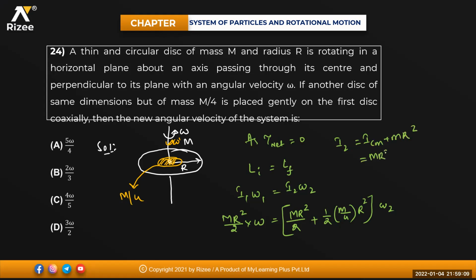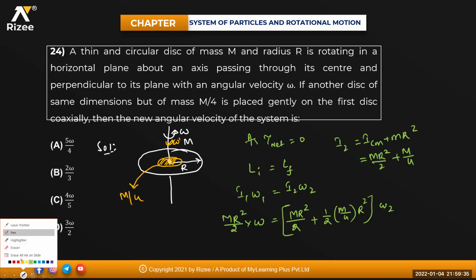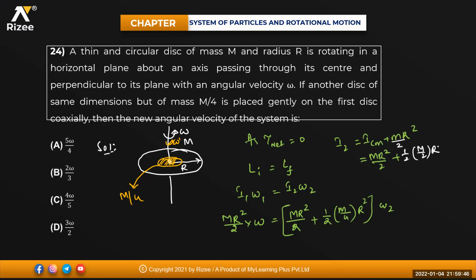I CM is nothing but M R square by 2 plus mass is given as M by 4, isn't it? So this will be equal to M by 2, that means half into M by 2 into R square.